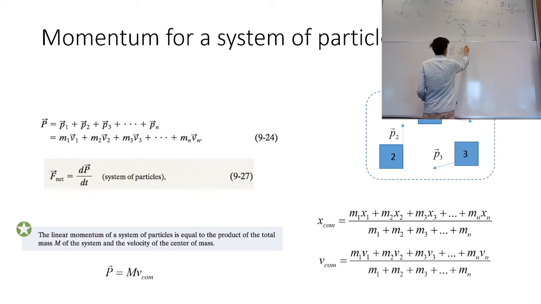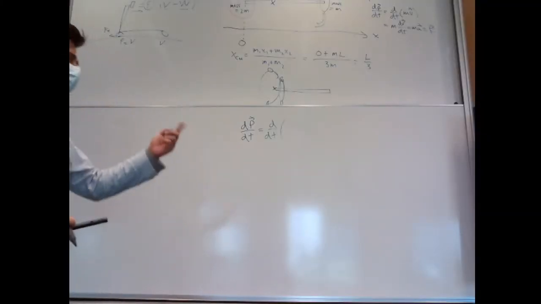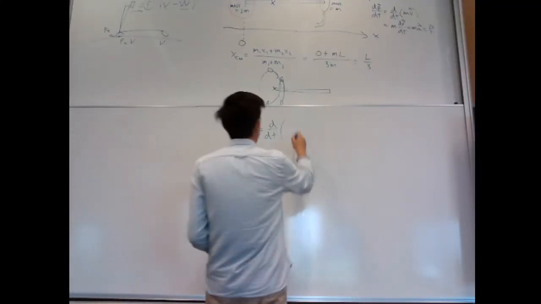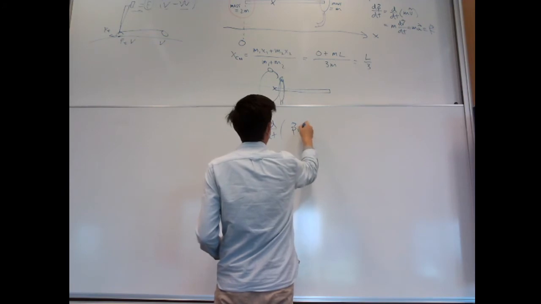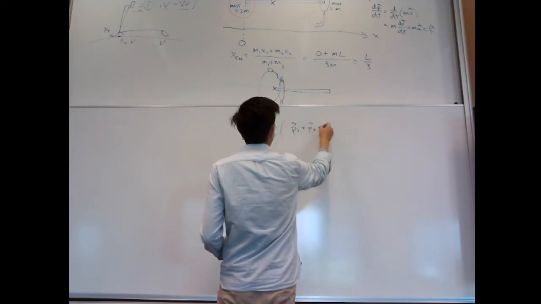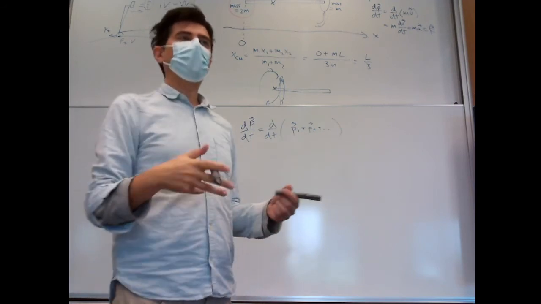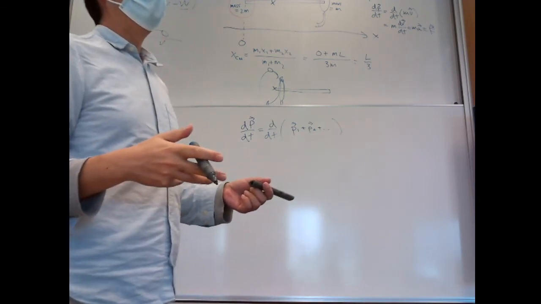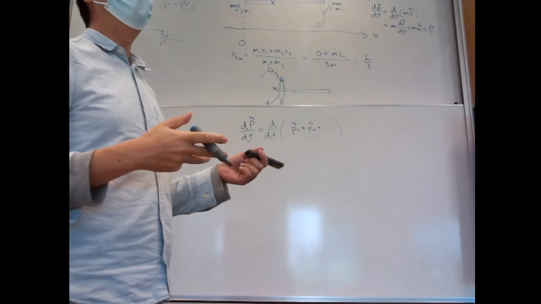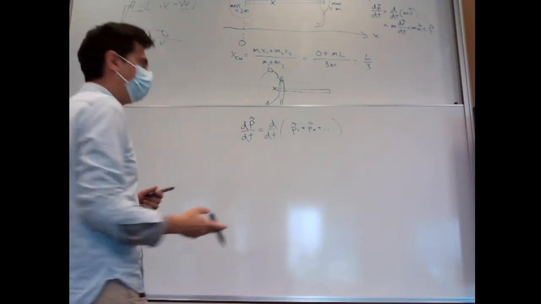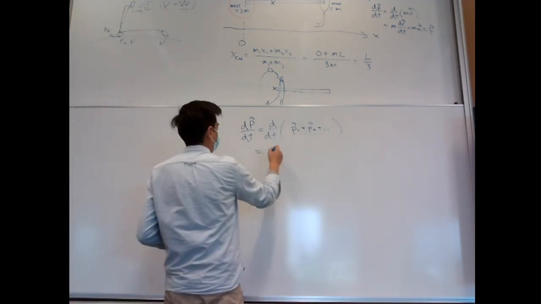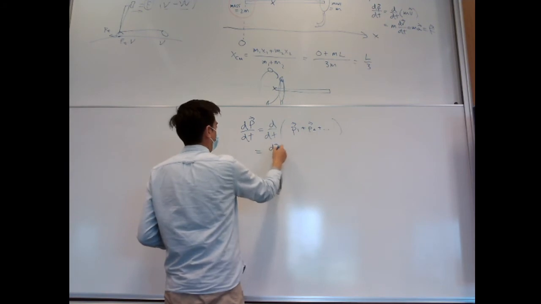We define the total momentum as the sum of the momentum of each one, right? Taking the time derivative, because the derivative of the sum is equal to the sum of the derivatives, we can do this.